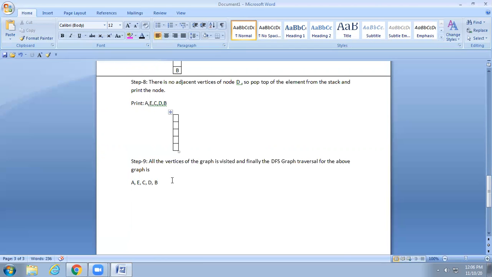If there is an edge to an adjacent vertex, the value is represented by 1. If there is no edge, the value is represented by 0. If there is an edge, you have to push the element into the stack. If there is no edge, do not push the element into the stack.